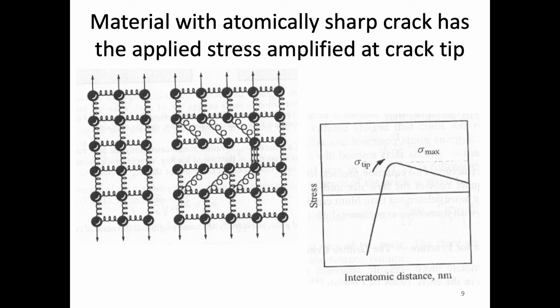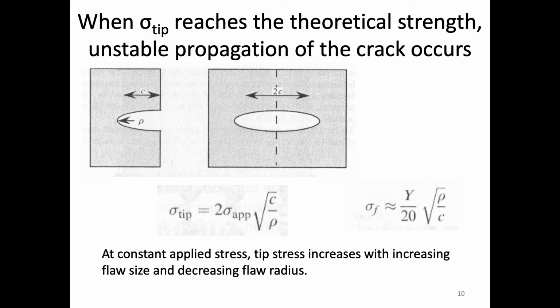All right, so that means that with this atomically sharp crack, the applied stress is amplified at this crack tip. What this tells us is that theoretically, if we try to break all the bonds in a material, it happens at a level that's roughly the elastic modulus divided by 10. Now if we extend that and have this knowledge of what an atomically thin crack does, imagine we have a plate and we have this crack occur in it.